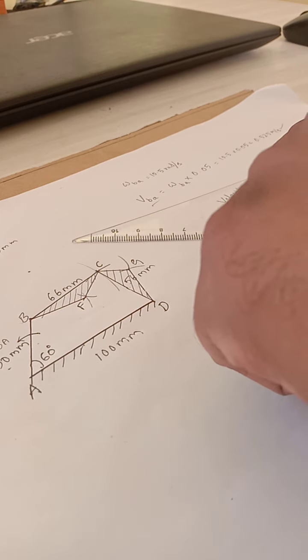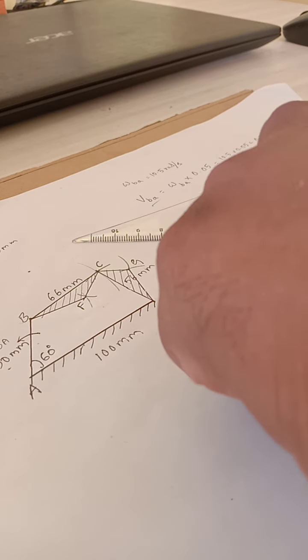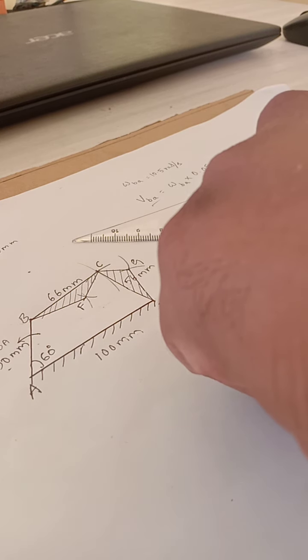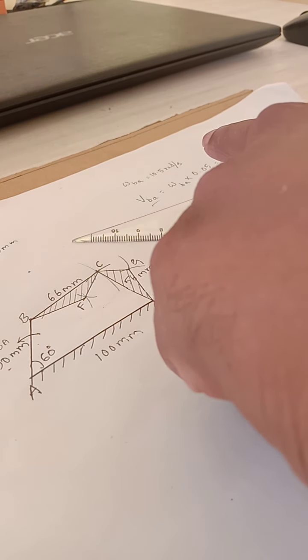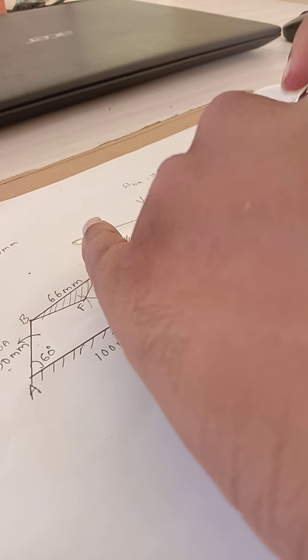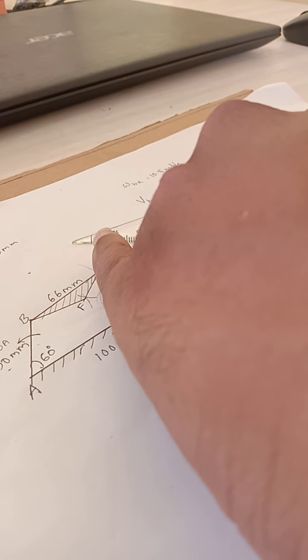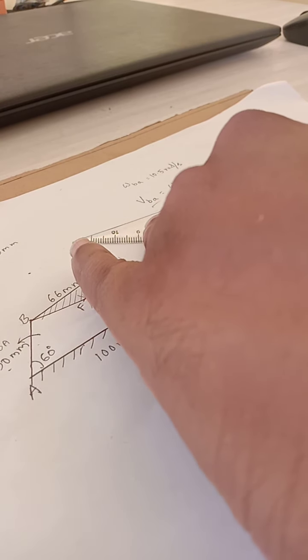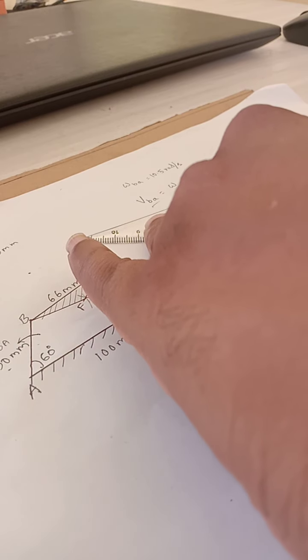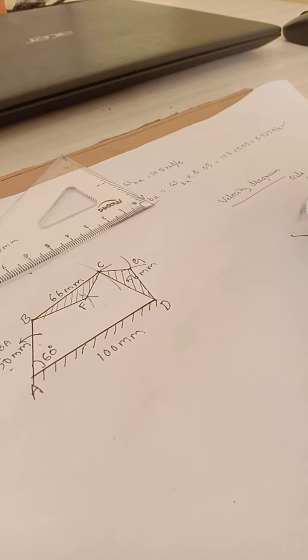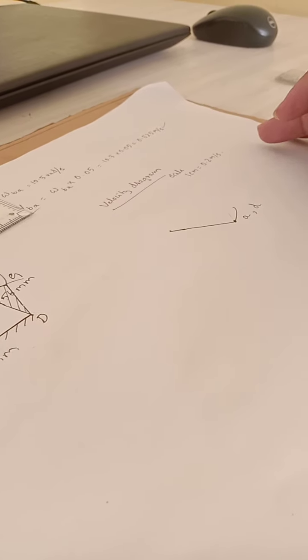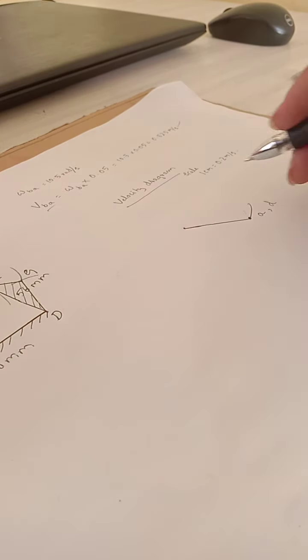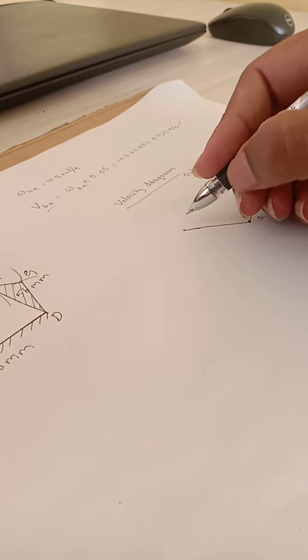So 1 centimeter is 0.2, 2 centimeters is 0.4 meters per second, and here I am going to get 0.5 meters per second. So up to this point, here I am going to get the point B.